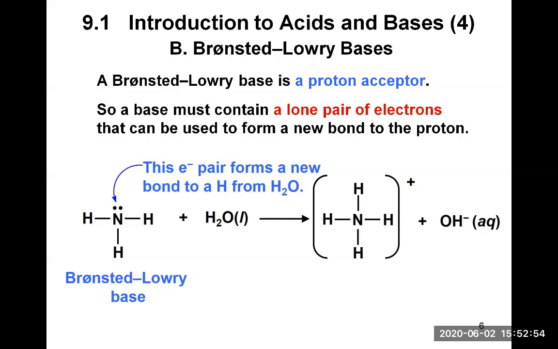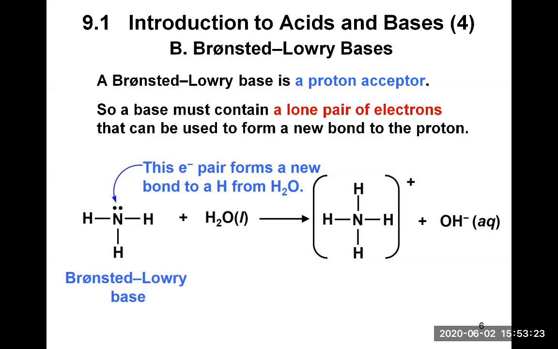If you place ammonia in water, water will act as an acid and donate an H+ to ammonia. If you use that lone pair and make a bond with the H+, you obtain what's on the right of the arrow, NH4+, the ammonium ion.